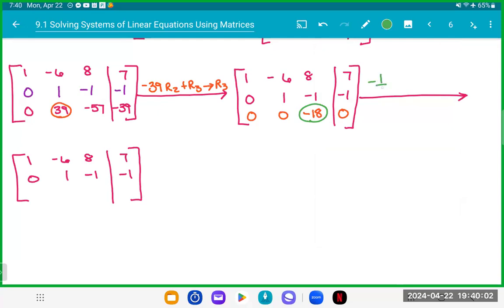So -1/18, because a negative times a negative will make that a positive, of row 3, replace row 3. Anything times a 0 stays 0. -1/18 times -18 is a positive 1, and anything times 0 stays 0.